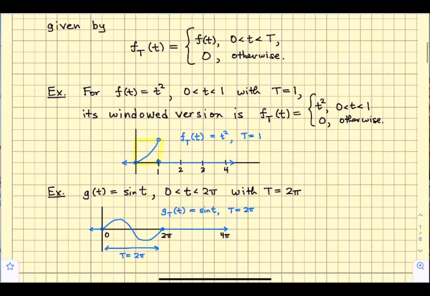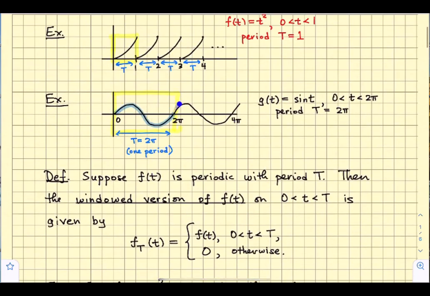So similarly up here, when we were looking at the full-blown periodic version of g of t equals sine t, if we want the windowed version of that, g sub capital T, then what we would do is just visualize one period. We want to grab this function inside this window of length 2 pi, and we want to represent that function inside the interval, but outside of that, we want it to be 0.